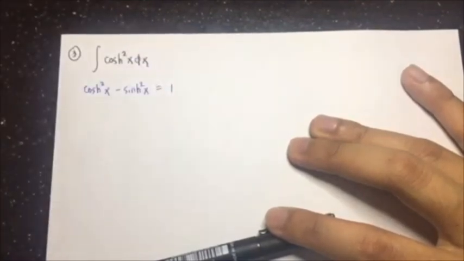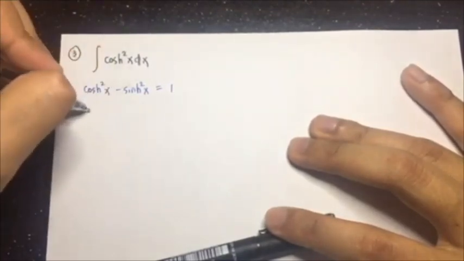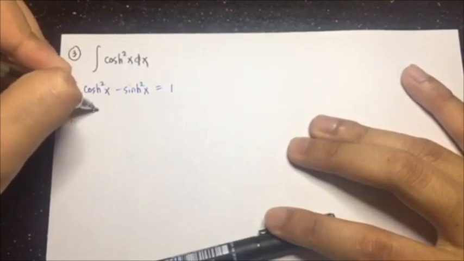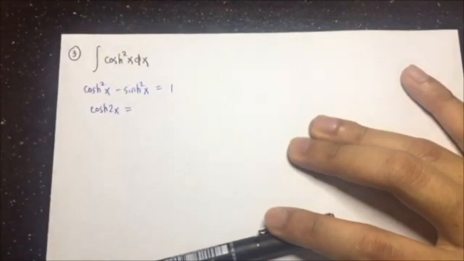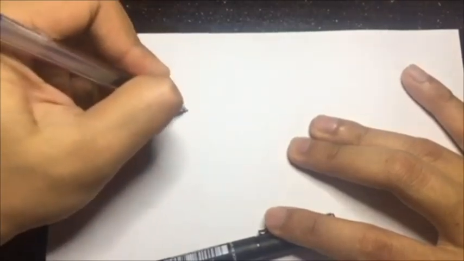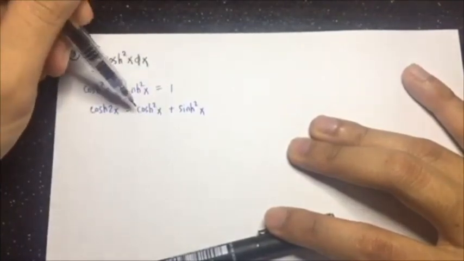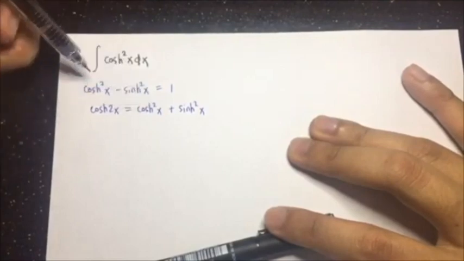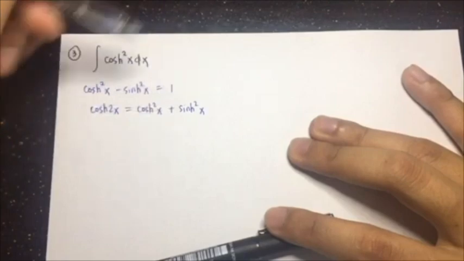Another one is hyperbolic cosine of 2x is equal to hyperbolic cosine squared of x plus hyperbolic sine squared of x. Since we'll only be needing the hyperbolic cosine squared of x, let's replace the hyperbolic sine squared of x using the first identity.